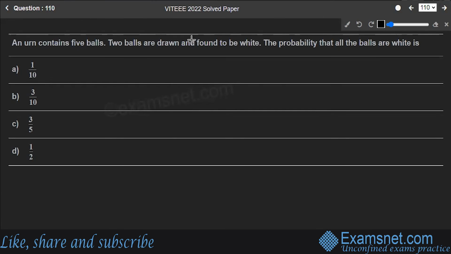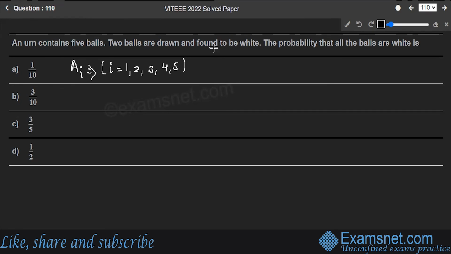Next is the 110th question. An urn contains 5 balls, 2 balls are drawn and found to be white. The probability that all balls are white is what? Okay, so here you are given that an urn contains 5 balls. So let's say here you can have 1, 2, 3, 4, 5.